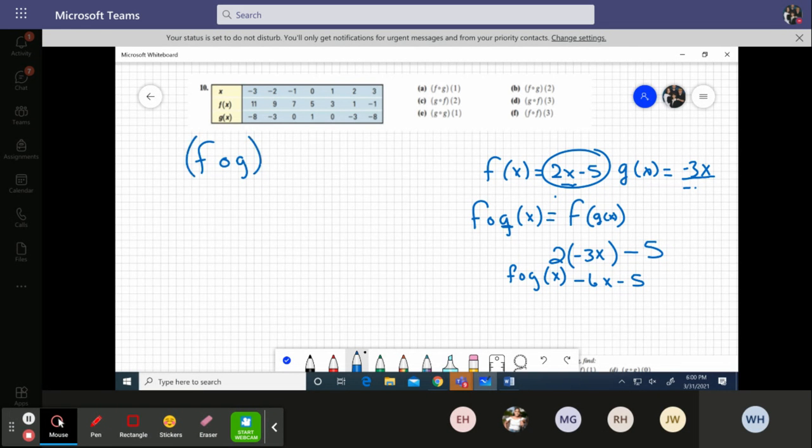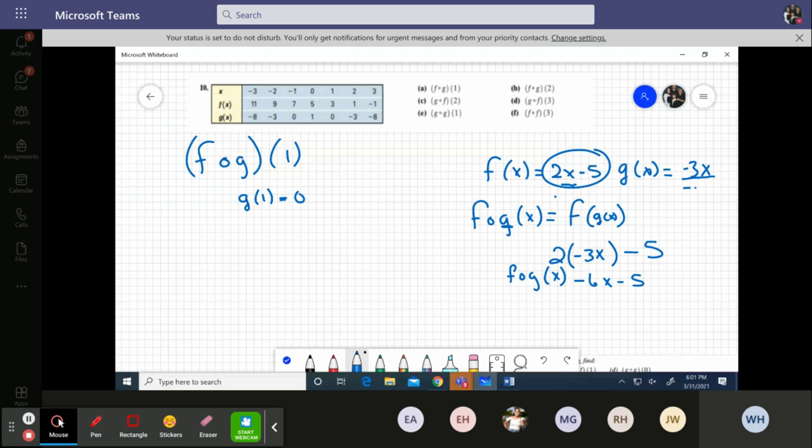Looking at that table, that says start from the inside out. To begin with, what I need to know is what is g of 1 equal to? So when x is 1, what's g of 1? That's going to be 0, right?